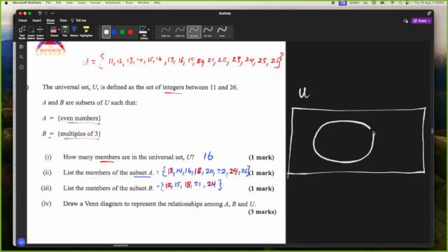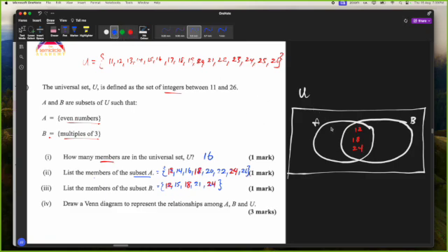That is your set A. That is the set B. So we have the set A and the set B. And the intersection here will have 12, 18, and 24.